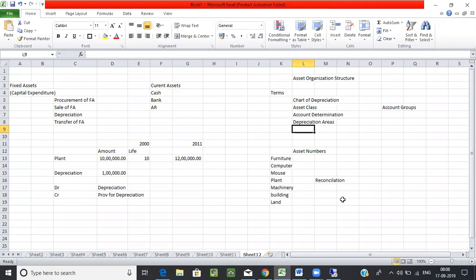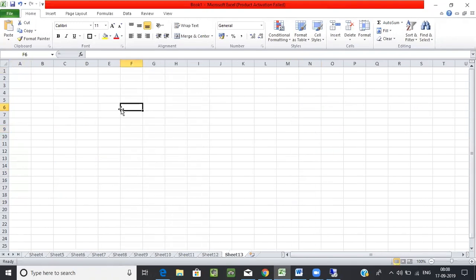Let's say I have an asset called computer, and I have international accounting standards, IFRS, GAAP, and something else, some XYZ.